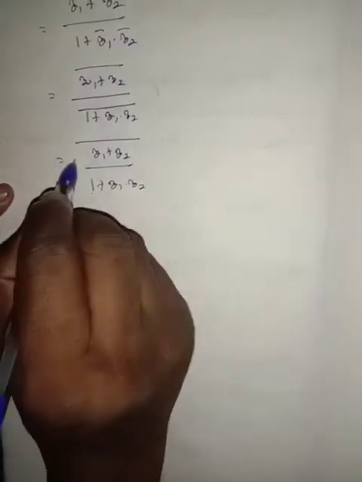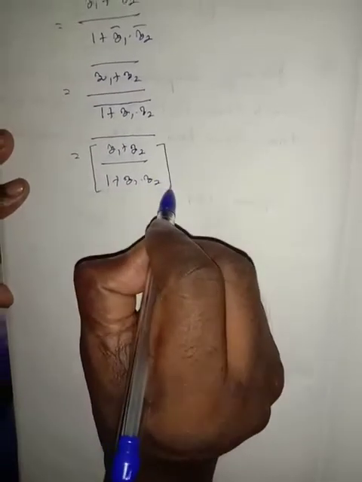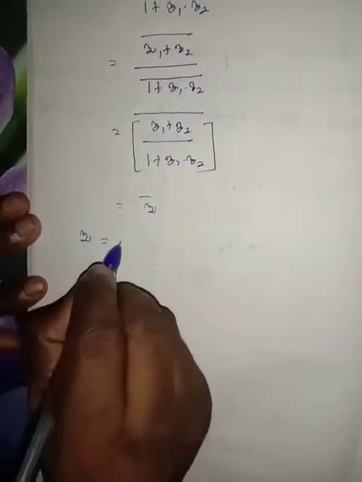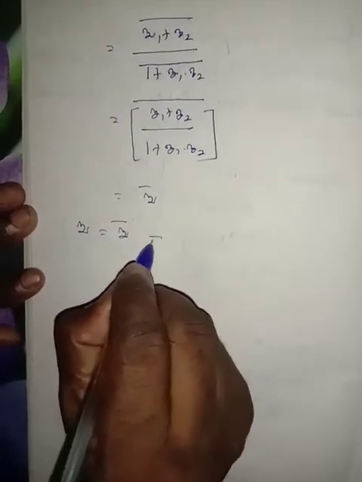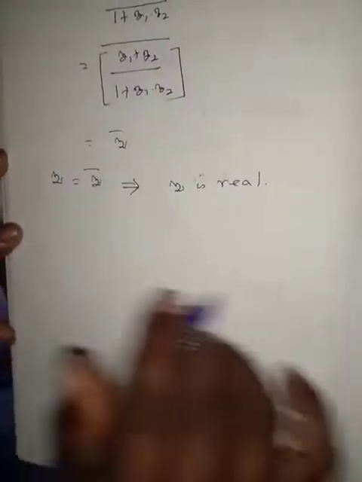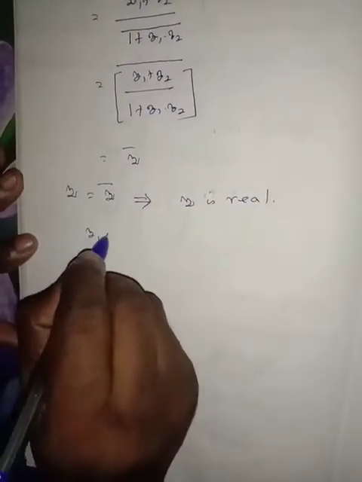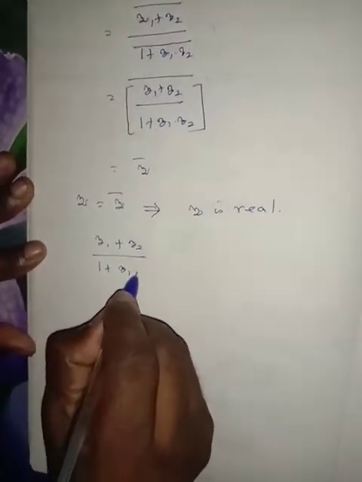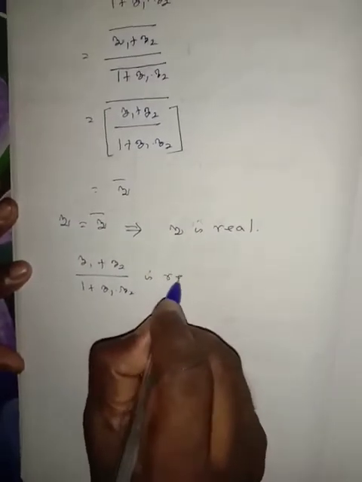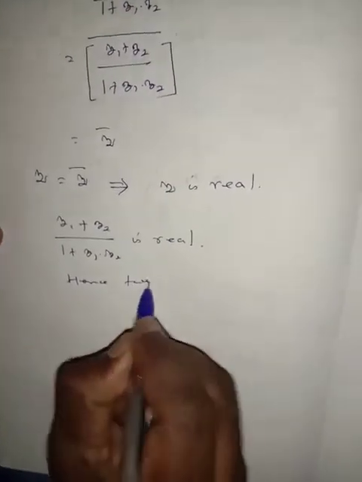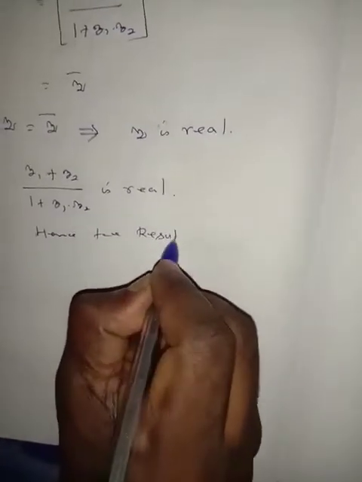But this is Z, so Z bar. Z is equal to Z bar means Z is real. Therefore Z, which is (Z1 plus Z2) divided by (1 plus Z1 dot Z2), is real. Hence the result.